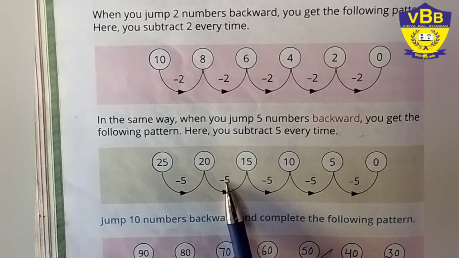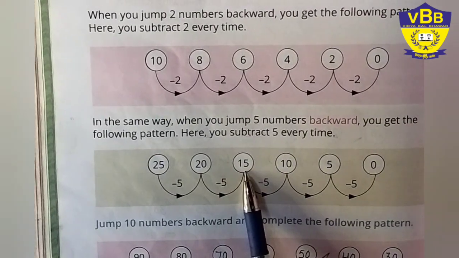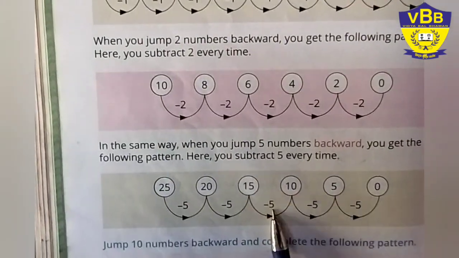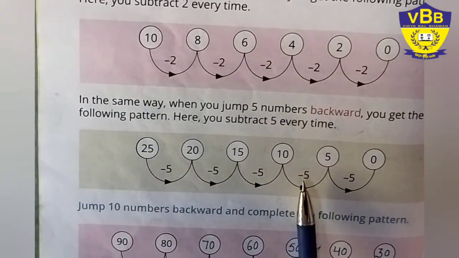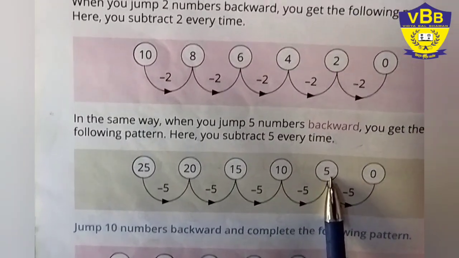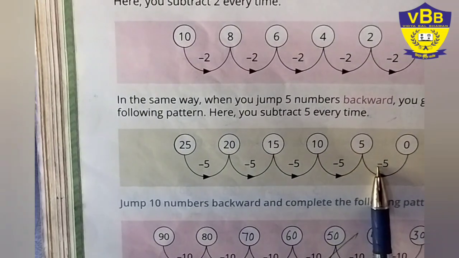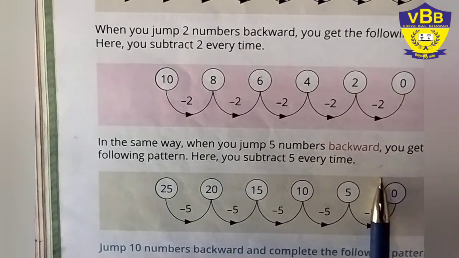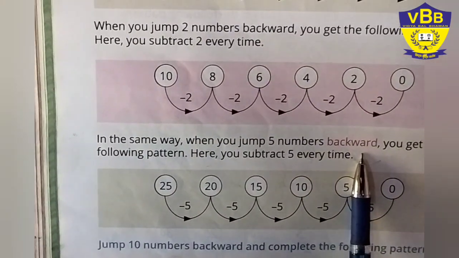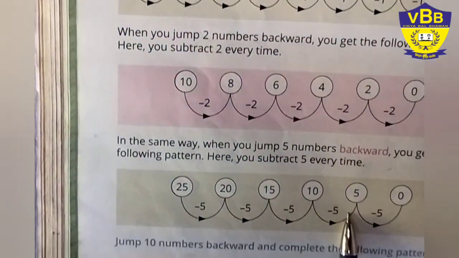When we subtract 5 from 20, we get 15. Subtracting 5 from 15, we get 10. Subtracting 5 from 10, we get 5. And subtracting 5 from 5, we get 0. This is the sequence of backward pattern or decreasing pattern.